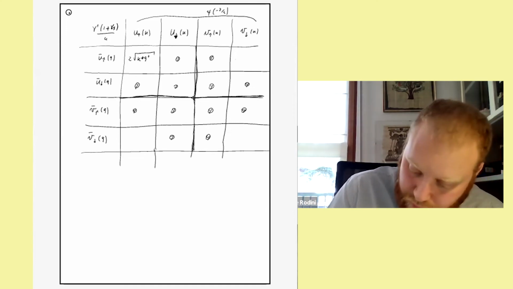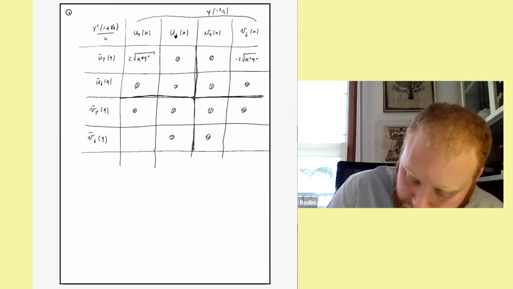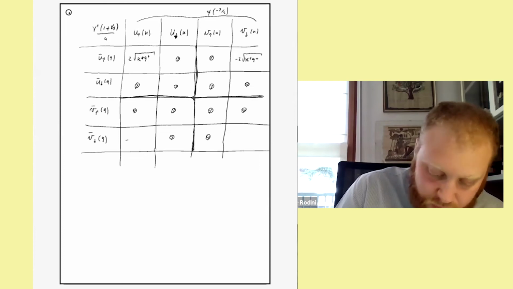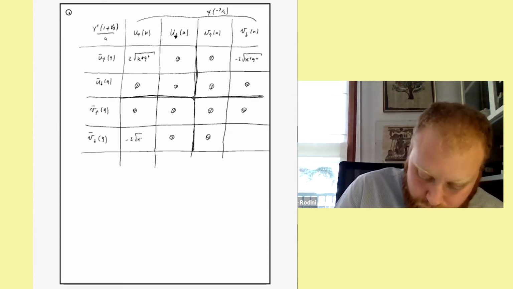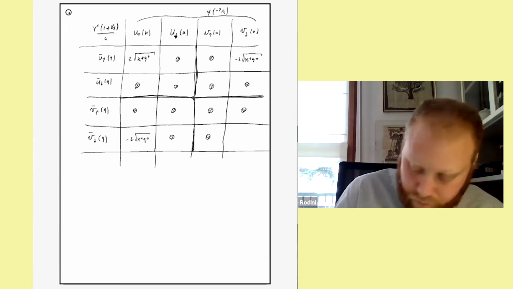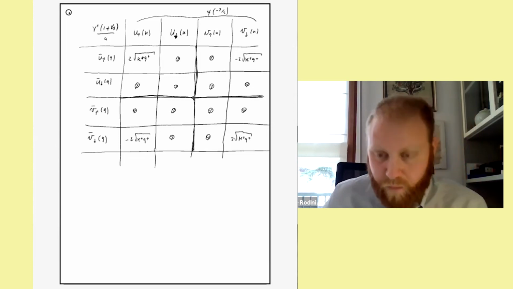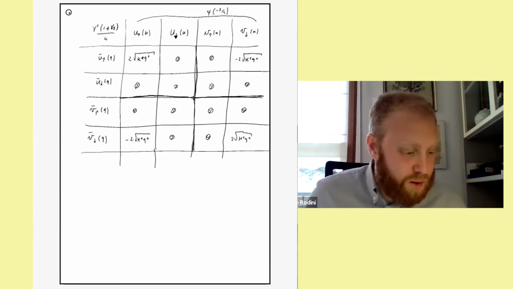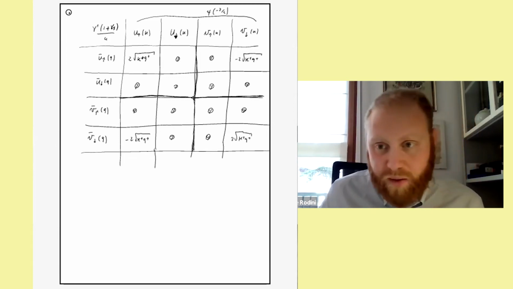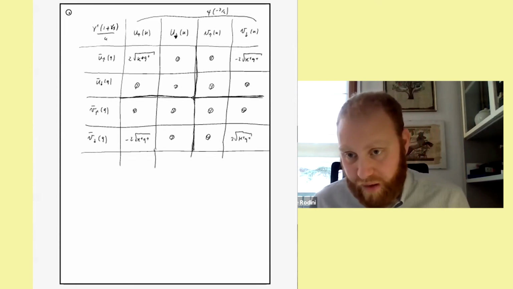It's always 2 square root of k plus q plus, incidentally with a minus sign somewhere. So if you look at the table, it is beautifully symmetric.